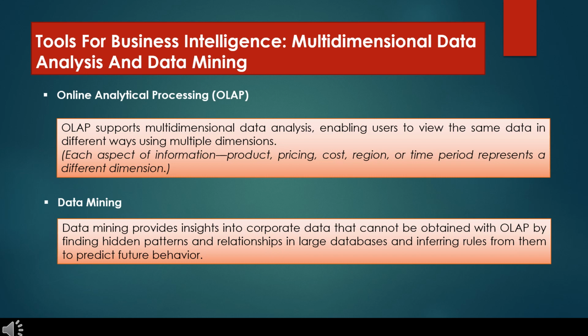But if you wanted to know how many computers were sold in each of your sales regions and compare actual results with projected sales, then the querying becomes complicated. In this situation, OLAP, or Online Analytical Processing, is very essential to use.